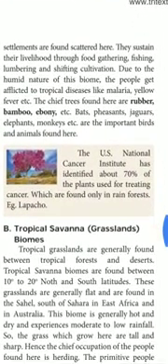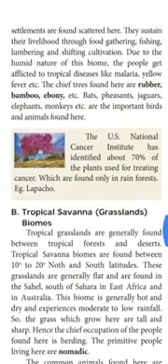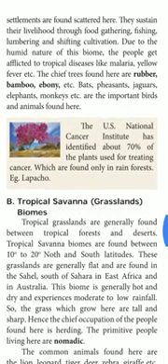So how they are living in this tropical forest means food gathering, fishing, they are catching the fish, lumbering, and shifting cultivation. Due to the humid nature of this biome, the people get affected by tropical diseases like malaria, yellow fever, etc. So the chief trees found here are rubber, bamboo, ebony.